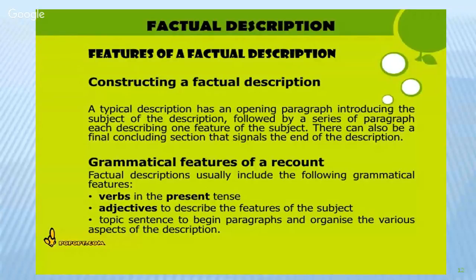So ನಾವು ಯಾವುದರ ಬಗ್ಗೆ describe ಮಾಡ್ತಾ ಇದೀವಿ ಅದು ನಮ್ಮ first sentence ನಲ್ಲಿ ಇರಬೇಕು. There can also be a final followed by a series of paragraphs, each describing one feature of the subject. So instead of having a series of paragraphs, because this is only descriptive paragraph writing, so we write one single paragraph.